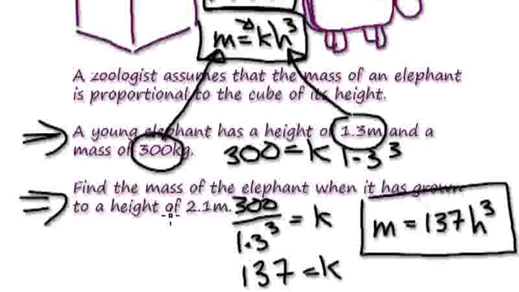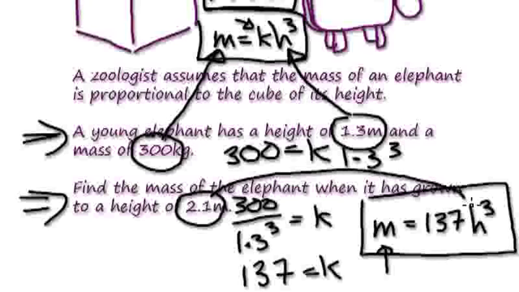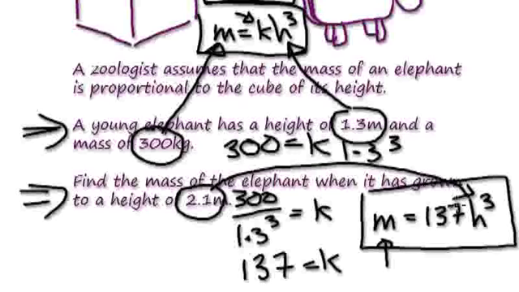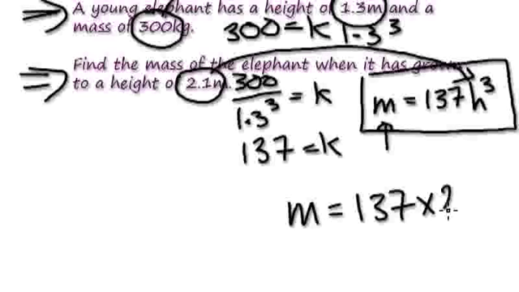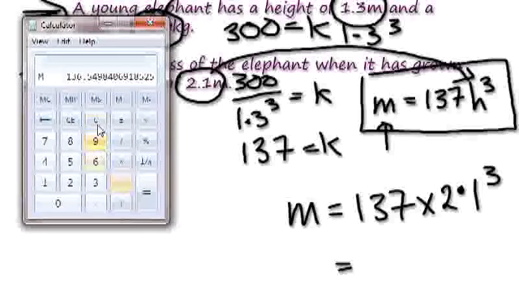Find the mass of an elephant when it has grown to a height of this. So now we want to know the mass of an elephant when it has this height. So put this into here. This would be m equals 137 times 2.1 to the power of 3. Okay, so calculator, clear this.